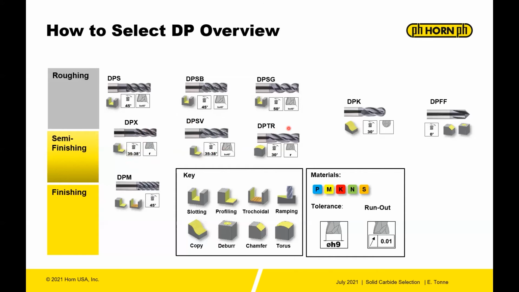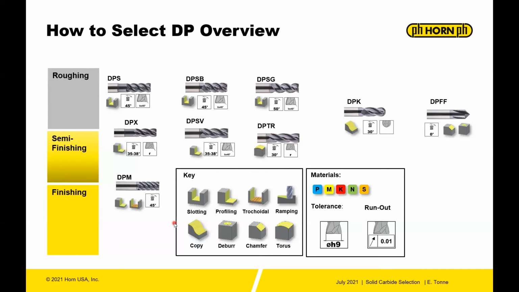The DPTR is a torus end mill, so there's additional clearance in the center so that you can do profile milling, which is what you see here, that you can do with a torus. So shallow profiles like you would find maybe on a knee joint or a medical part.